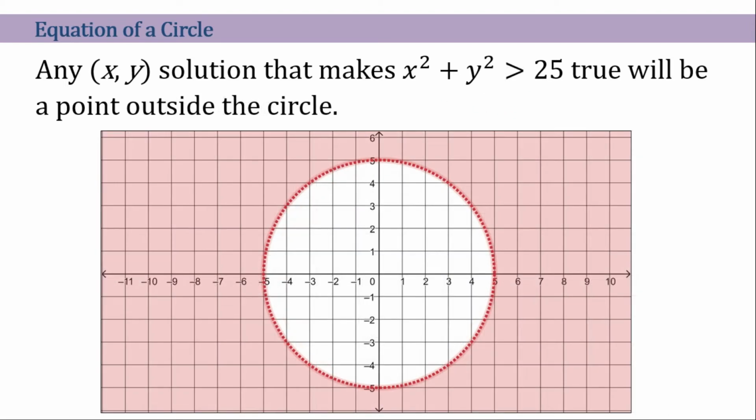If the points give a value greater than 25, for example, this point, 5, comma 4. If we substitute, 5 squared plus 4 squared, so 5 squared is 25 plus 16, that is 41. 41 is greater than 25.